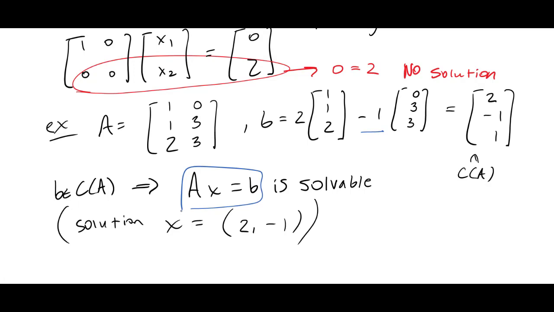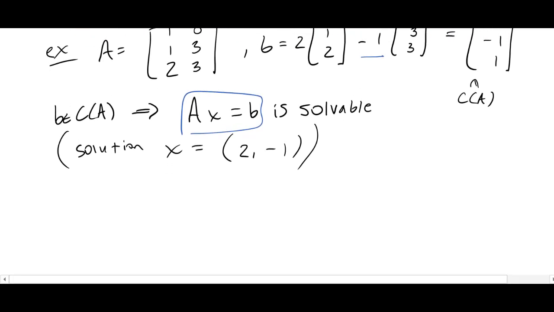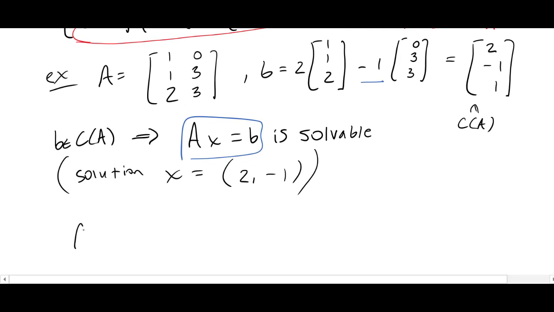Well, if I change this matrix a little bit by adding on another column, let's say the other column is 2, negative 1, 1, which was the vector b. Wait, going back, how is b an element of the column space when b is 2, negative 1, 1, and that is not in A?